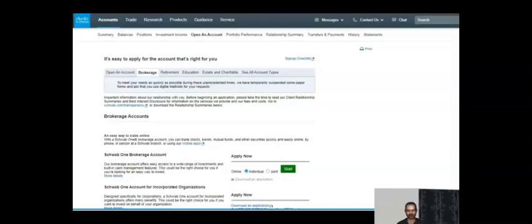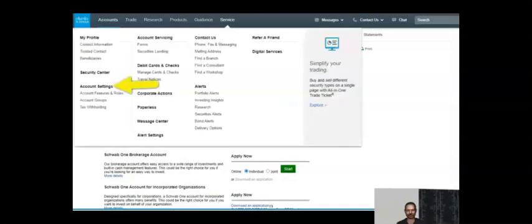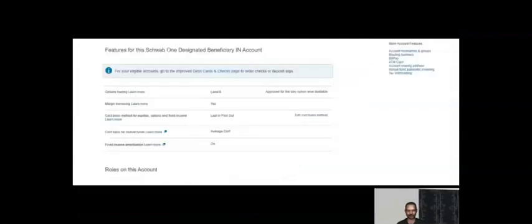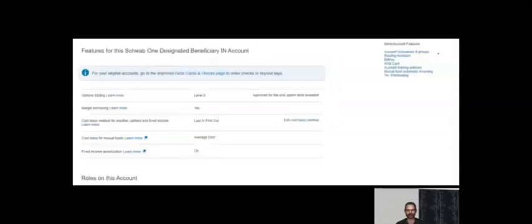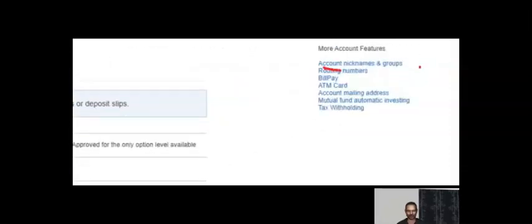Once the account was opened, I came up to service and went to account settings. Once the account settings page came up, I came over to the right here and clicked on account nicknames and groups. From this page is where I labeled each account.